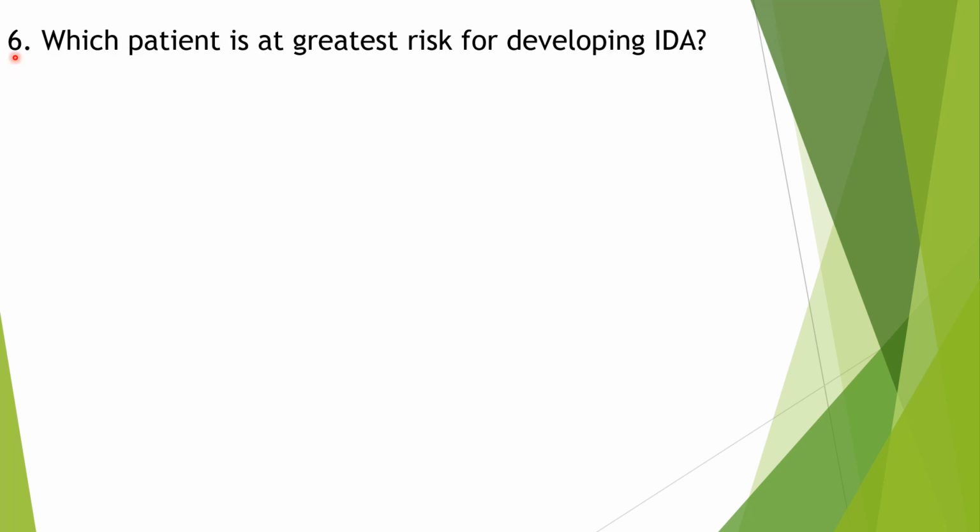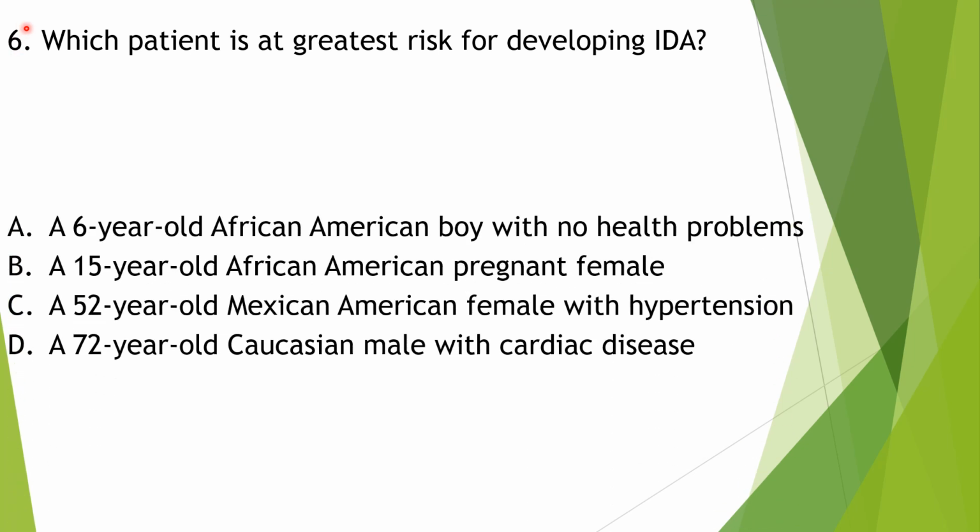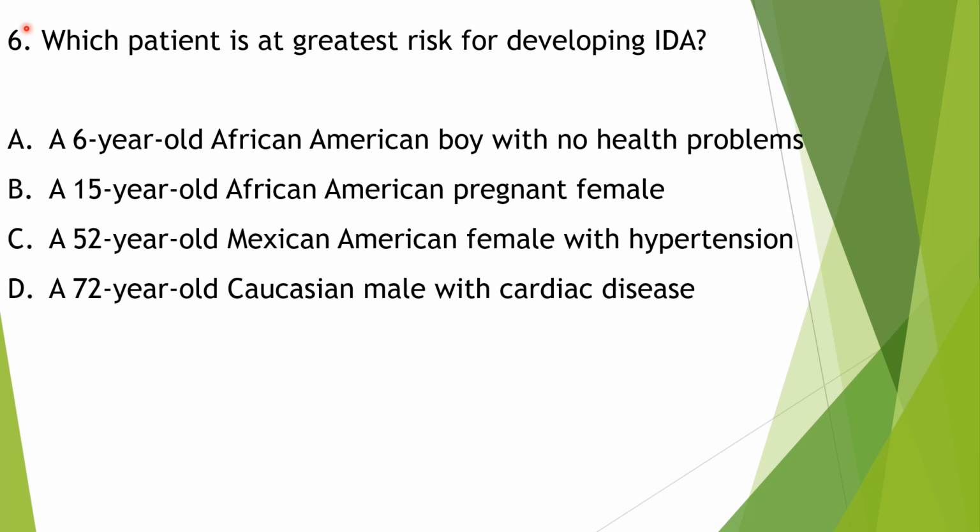Which patient is at greatest risk for developing iron deficiency anemia? A 6-year-old African American boy with no health problems, a 15-year-old African American pregnant female, a 52-year-old Mexican American female with hypertension, a 72-year-old Caucasian male with cardiac disease.